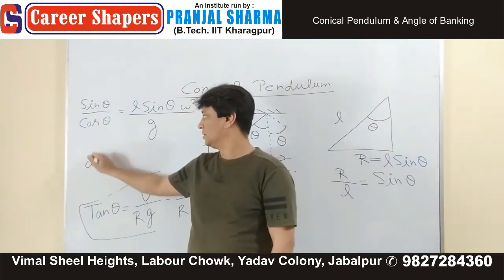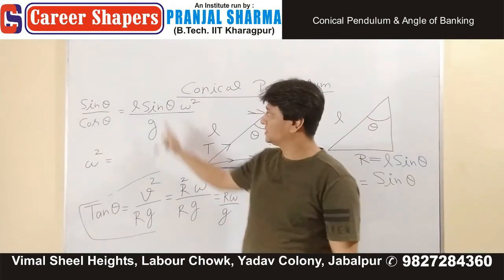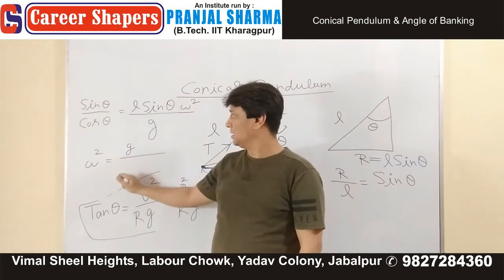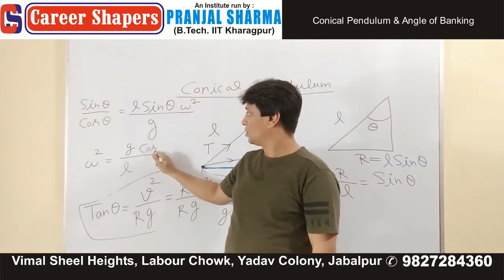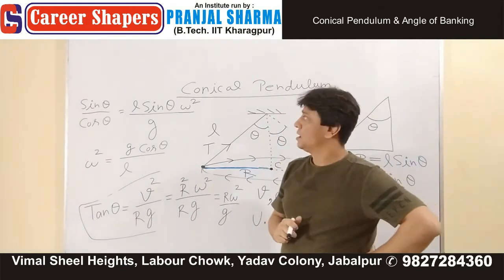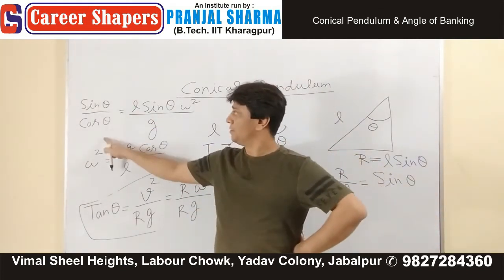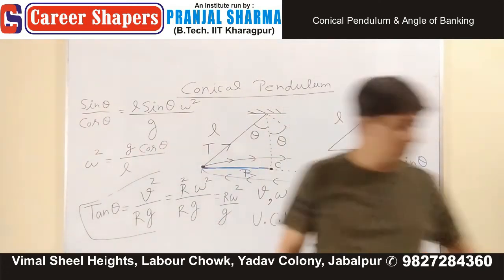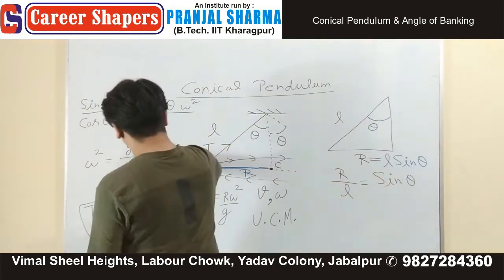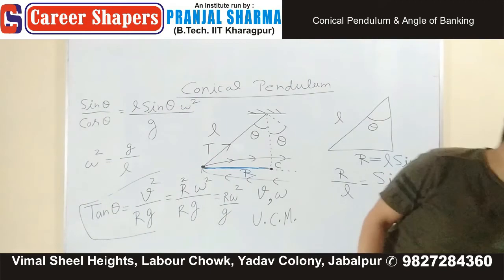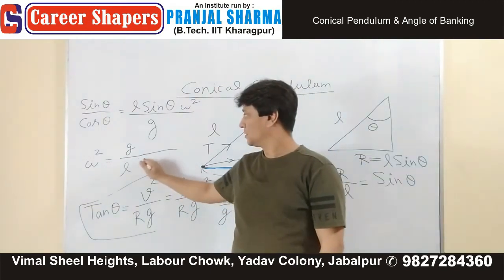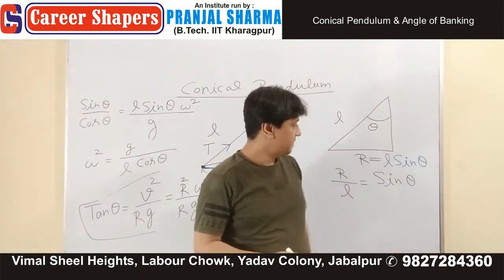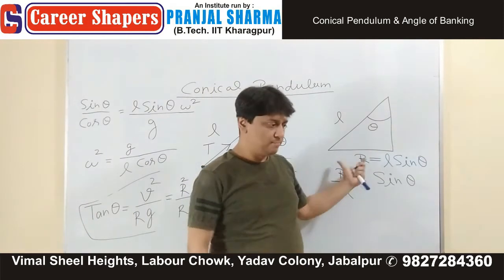Omega square, क्या बन गया भाई? Sin is gone. G divided by L into cos theta. Cos will be in the denominator. Cos is in the denominator. Now, I hope ये नोट कर लिया होगा आपने.